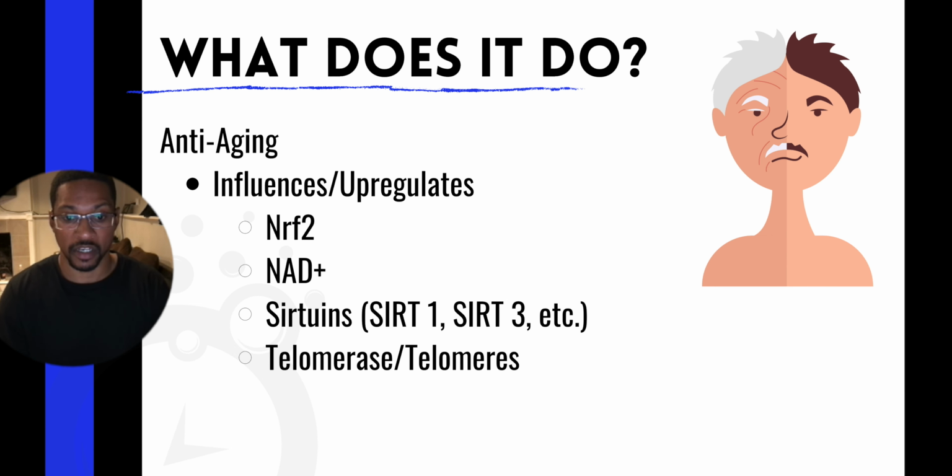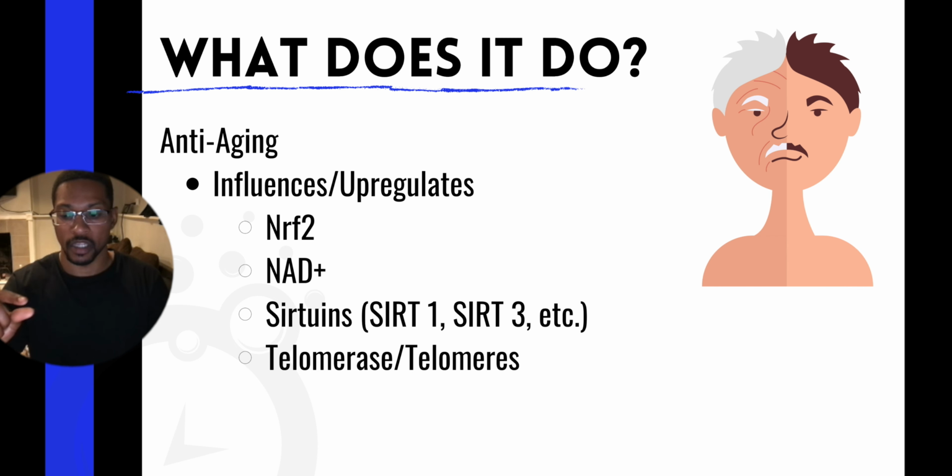And then it has telomerase or telomeres. Telomeres are like the end caps of DNA. And it's been shown that hydrogen can increase these end caps of DNA. So if the telomeres on the end caps of our DNA are long, it indicates the cell is young, healthy, and will live longer. If the end caps of our DNA, these telomeres, are shorter, it means the cell is old and will die sooner.